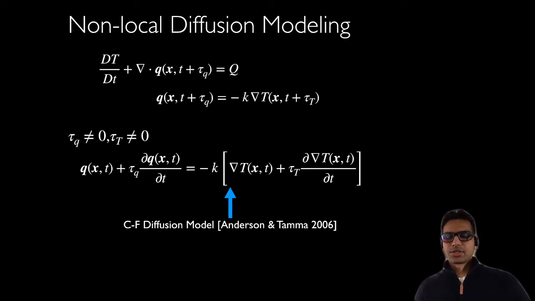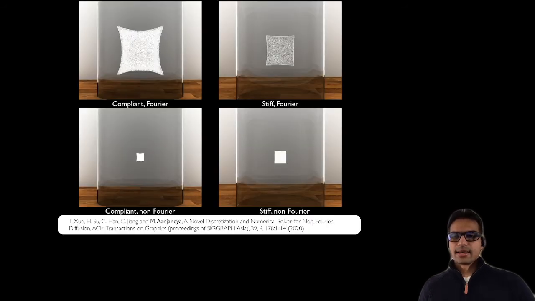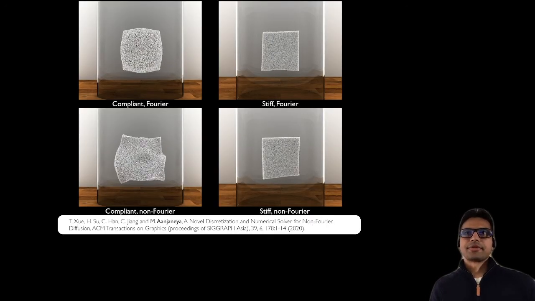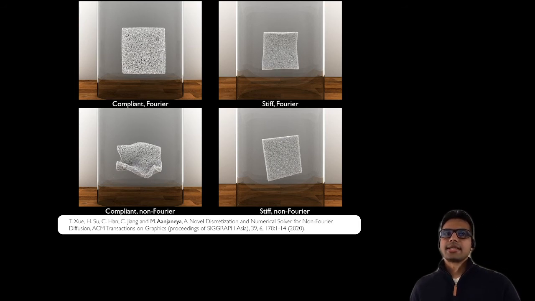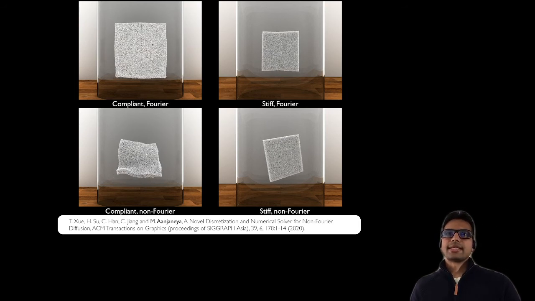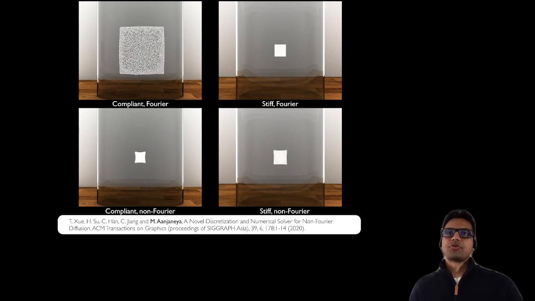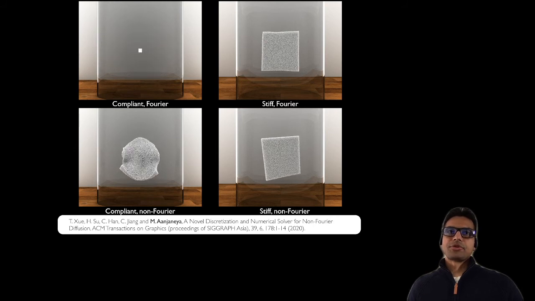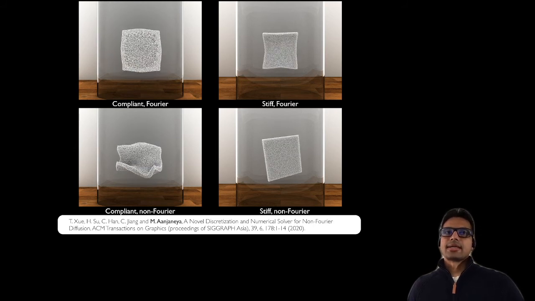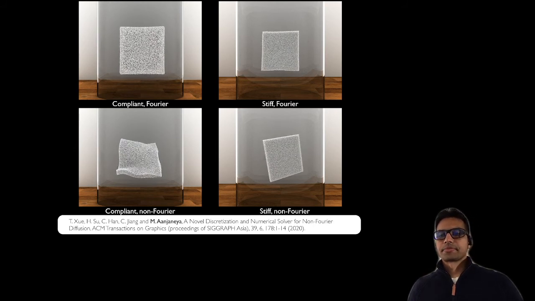So, what's the advantage of CF diffusion? Well, let's see an example here where there's an elastic hydrogel that is expanding in water. And what we basically see is that compared to Fourier-based diffusion, the non-Fourier or CF diffusion-based hydrogel exhibits more dynamic motion.